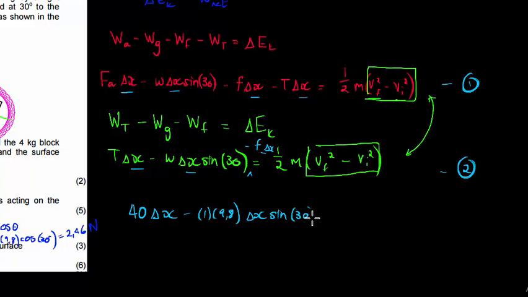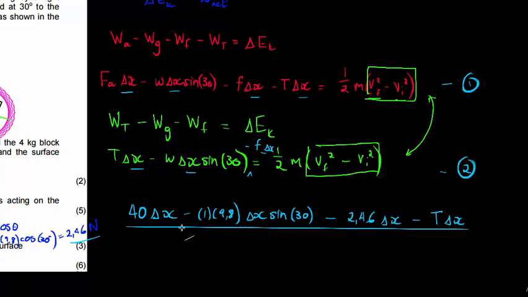Sine of 30 is just a half, minus the friction that it experienced, 2.46, which we calculated before, times delta x, minus T delta x. I don't know what T is, and I don't know what delta x is, but that's okay. We're going to sort that out pretty soon.